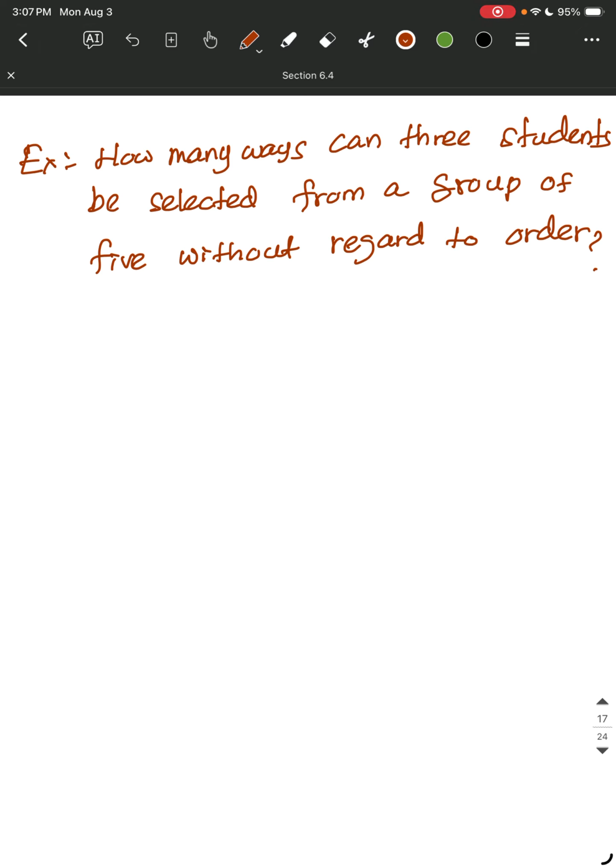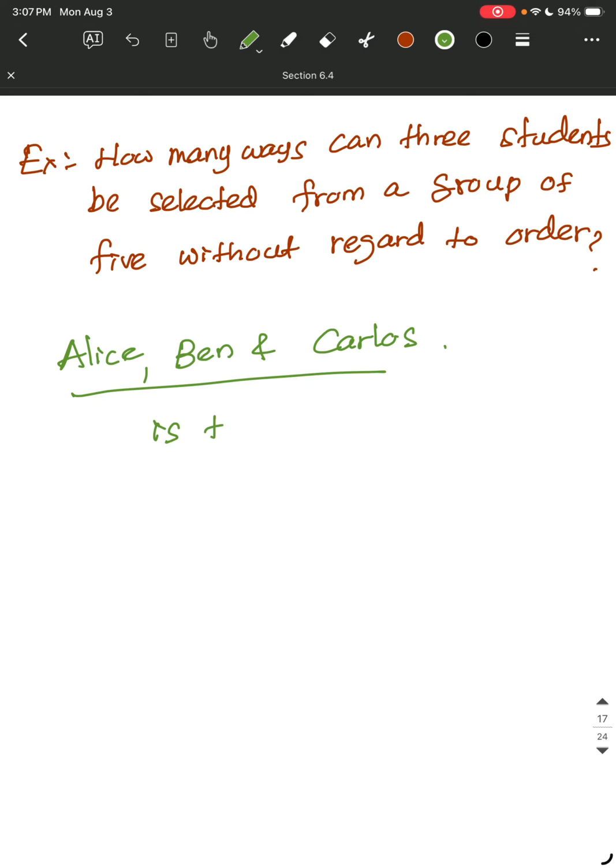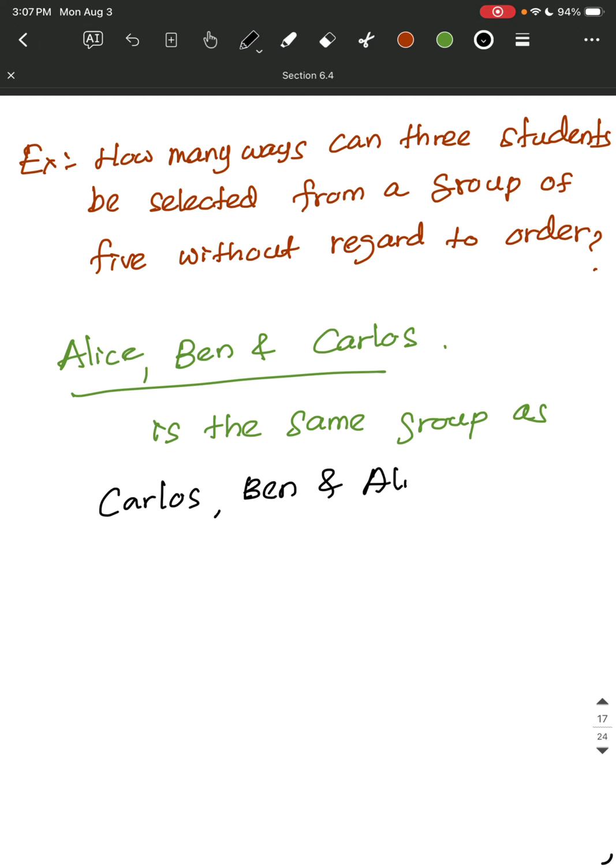Then think about Alice, Ben and Carlos. So this is the same group as Carlos, Ben and Alice. Therefore, order does not matter.